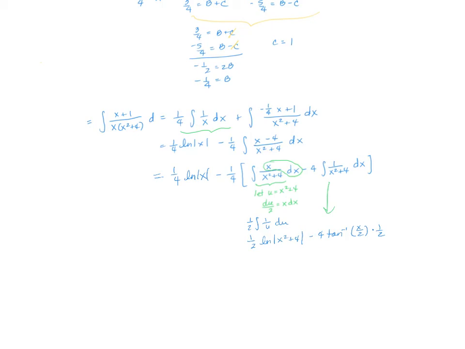All right, let's put all of this together. This is equal to 1/4 natural log absolute value of x minus, remember this is all times negative 1/4, so that's going to be minus 1/8 natural log of the absolute value of x squared plus 4.